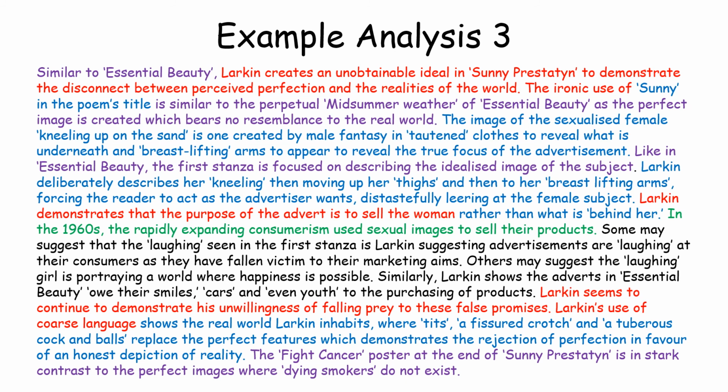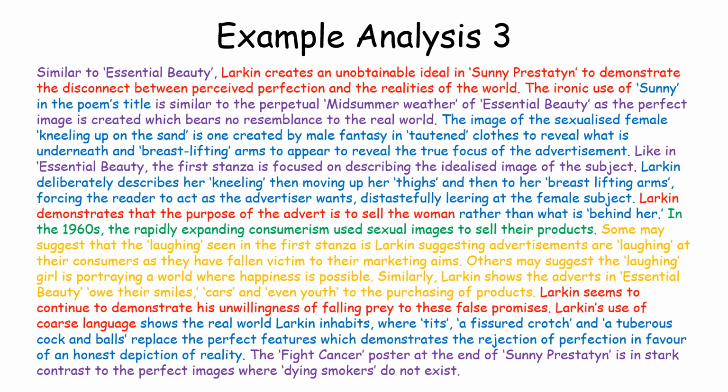Could be a little bit more developed. There could be some other pieces of context tied in with it, but they are hitting that AO3. And finally, they are able to consider the interpretations of others. This is a student who is very good at balancing all of the assessment objectives.